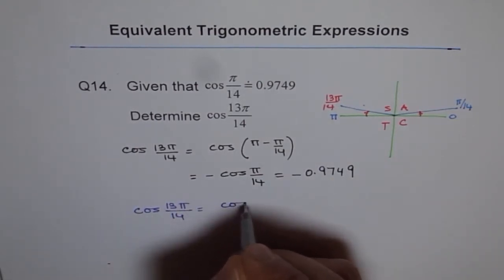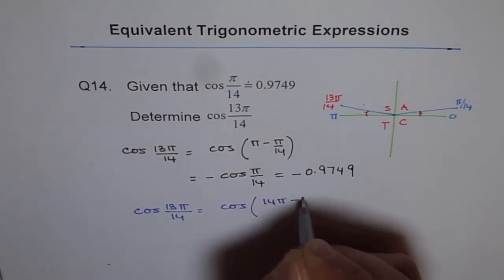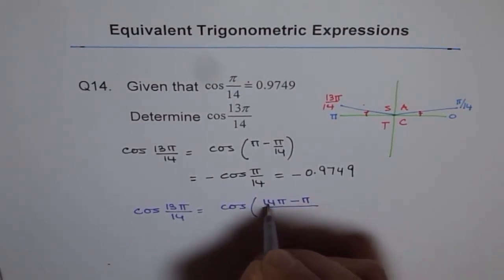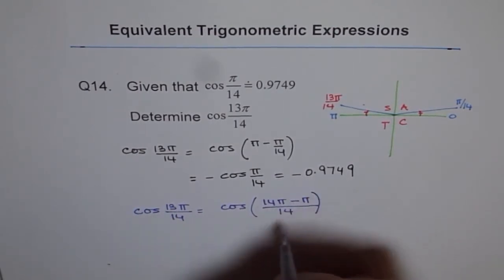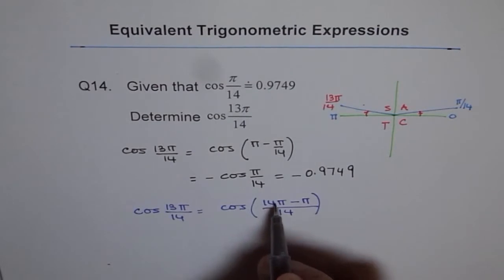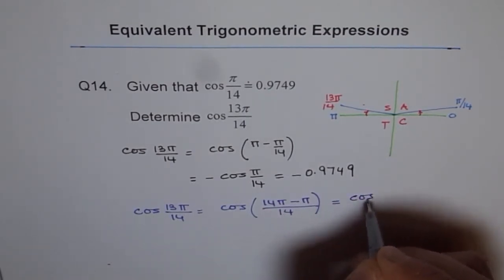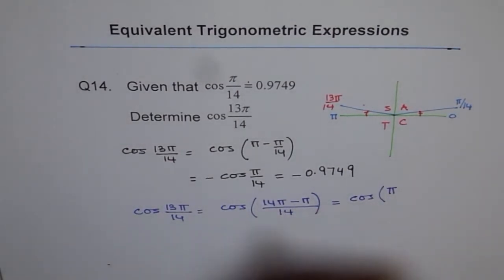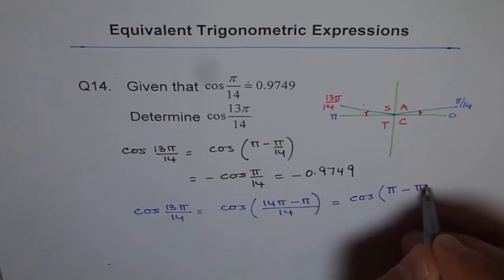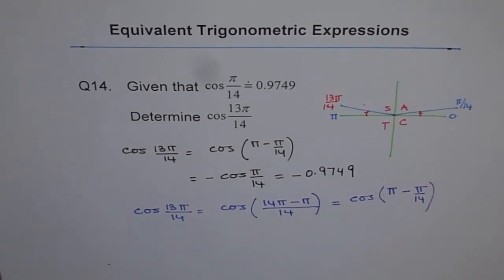So we can write this as cos of 14 pi minus pi, over 14, right? 14 pi minus pi is also 13, correct? Now we can divide this by 14 and this by 14. And then we get cos of pi, because 14 pi divided by 14 is pi, minus pi by 14. Do you see? In radians actually it's very easy to get the results, correct?